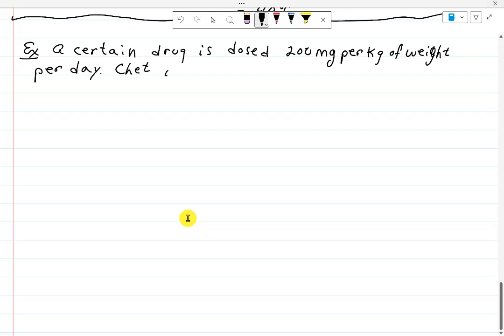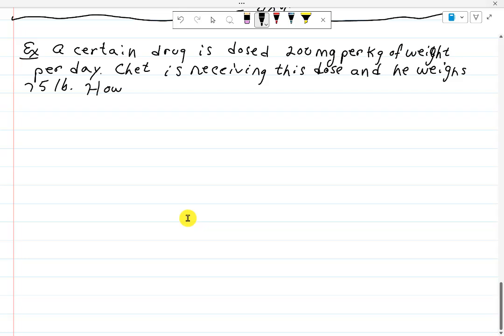Chet is receiving this dose, and he weighs 75 pounds. How much of the drug does Chet get every 8 hours?